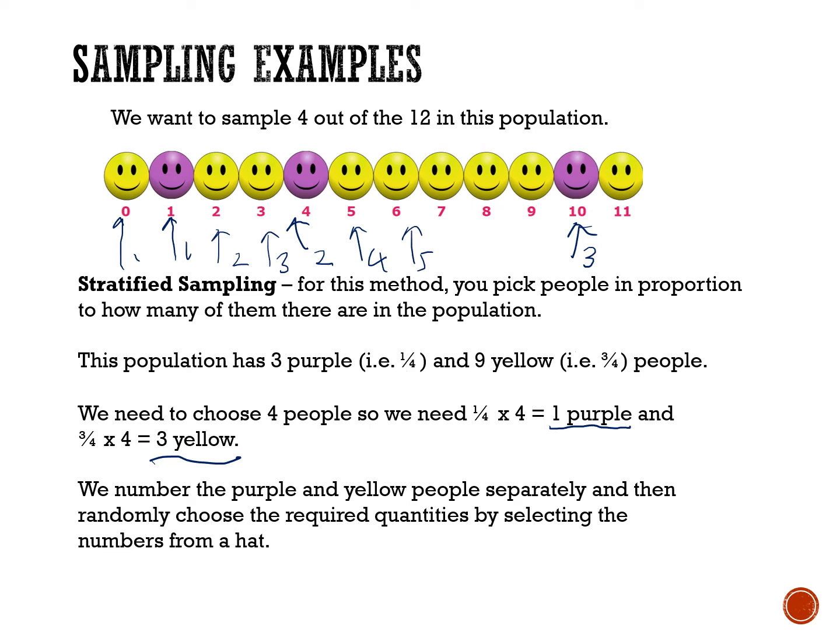Hopefully that all makes sense. So here's the final example, and this will definitely be representative of the population because we have chosen in proportion to the number of people in each of those groups.